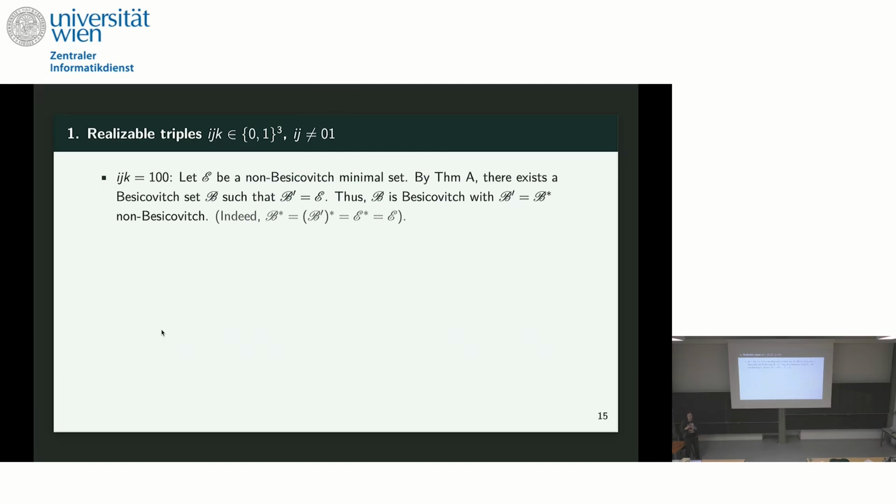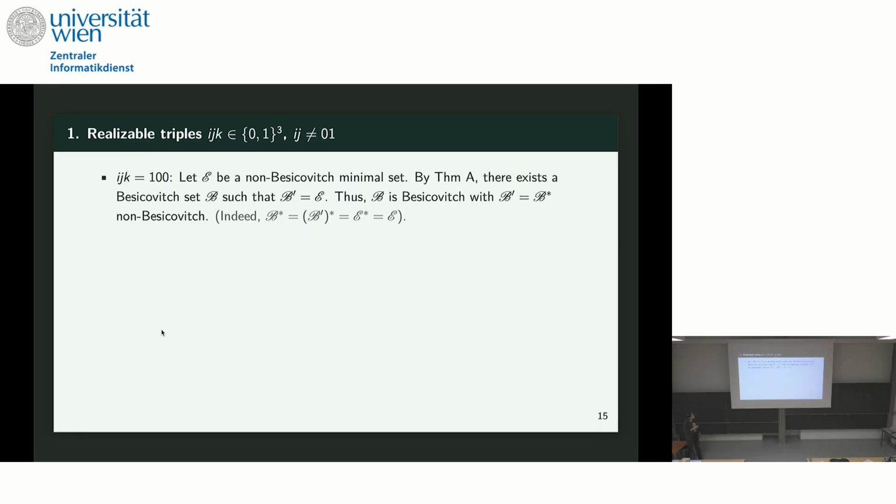So we want MB to have density, and MB prime and MB star not to have density. So now we start with a non-Besicovitch minimal set. We had that on the previous slide. And theorem A tells us that there exists a Besicovitch set B such that E is equal to B prime. So B is Besicovitch, B prime is equal to B star, and it's non-Besicovitch.